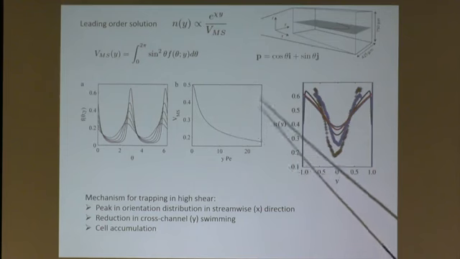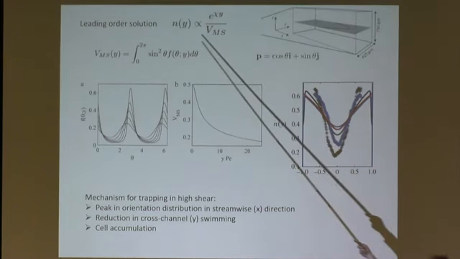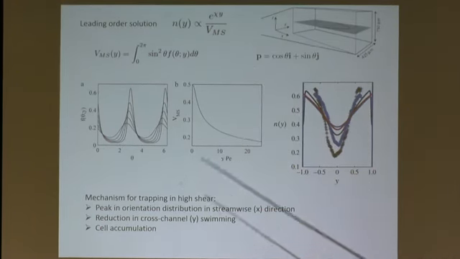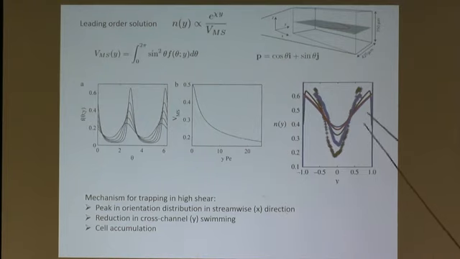So you have a reduction in VMS, and you'll get an accumulation of n of y. This corresponds to what we see at the wall regions where it's high shear. We have enhanced cell concentration, and the centre line where it's low shear would see a reduction in n of y.